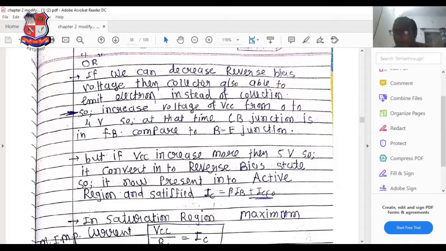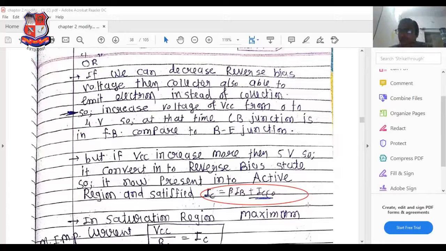If VBB equal to 5 volt and VCC equal to, assume, 3 volt, now if you increase from 3 to 10, then the forward bias can be converted into reverse bias. So if we increase VCC more than 5 volt, it converts into reverse bias state. Now it is in the active region and satisfies this equation. This equation is only satisfied in the active region.